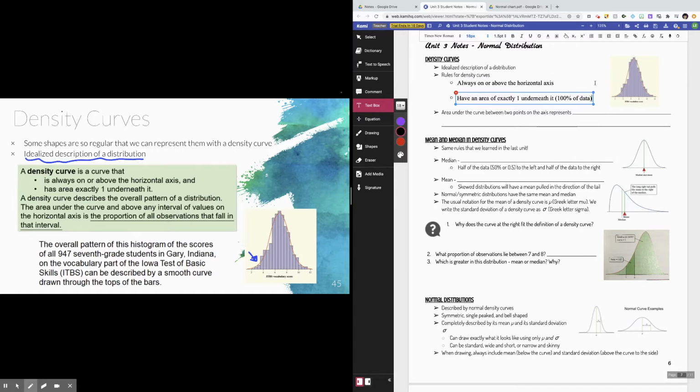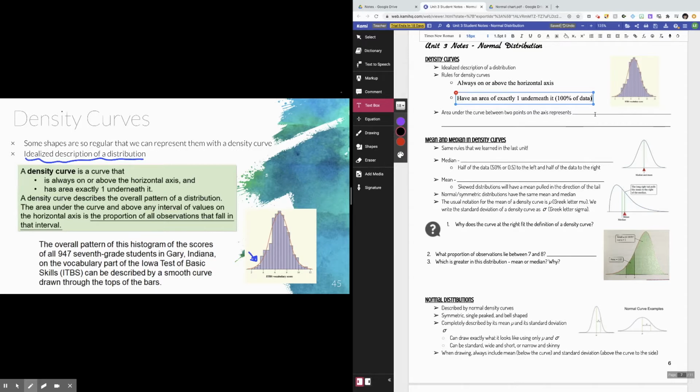So if we think about the 100% of the data being underneath a density curve, then that means the area under that density curve represents 100% of the data.